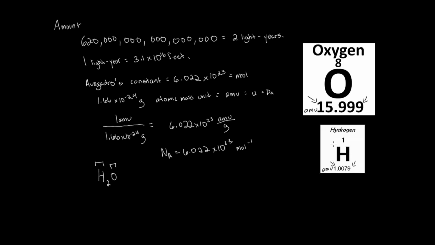The atomic mass of hydrogen is 1. So we have 1 AMU per 1 hydrogen atom. Okay? Now the next step is that we know that 1 gram, just from up here, is 6.022 times 10 to the 23 AMU.